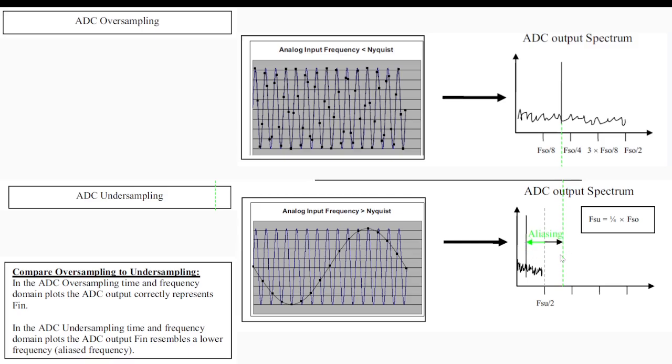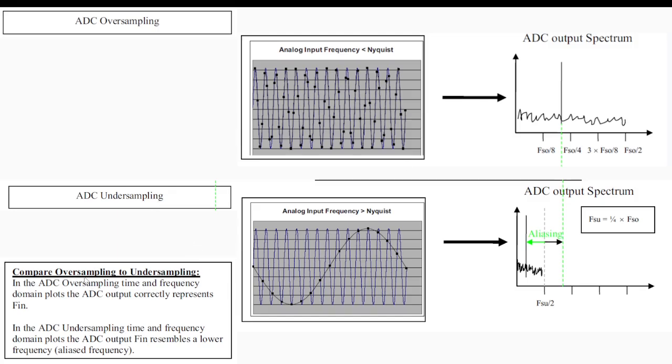So that's why we use anti-aliasing, in different ways, in order to make sure that we capture the signal in the best possible correct way. Okay.